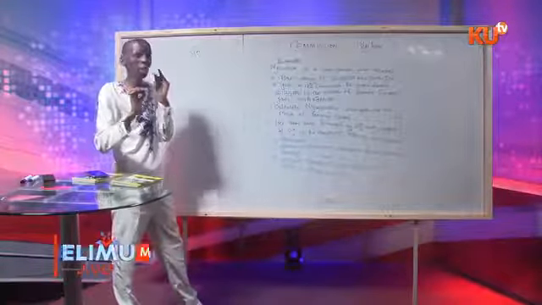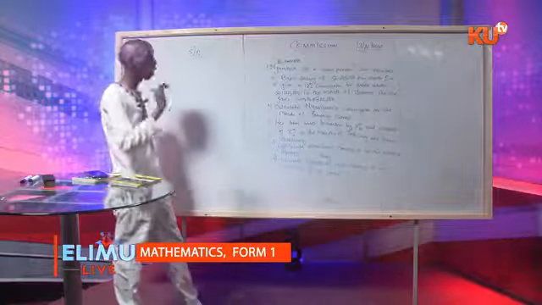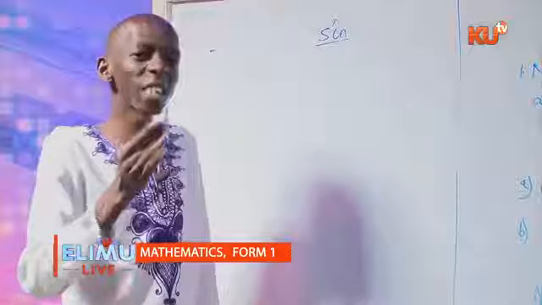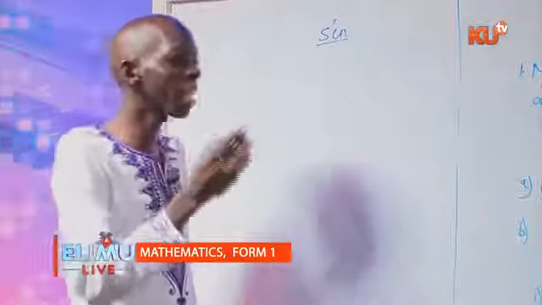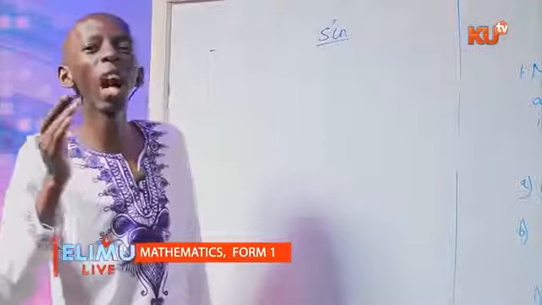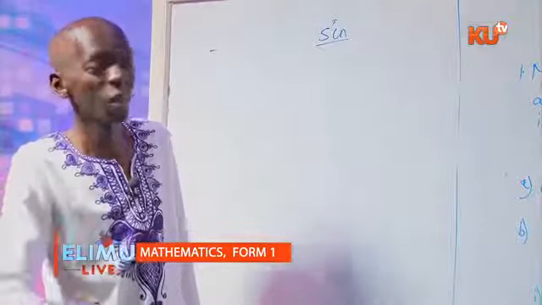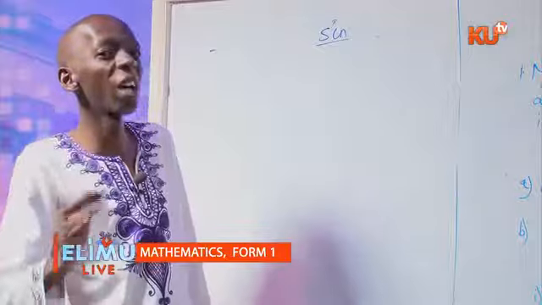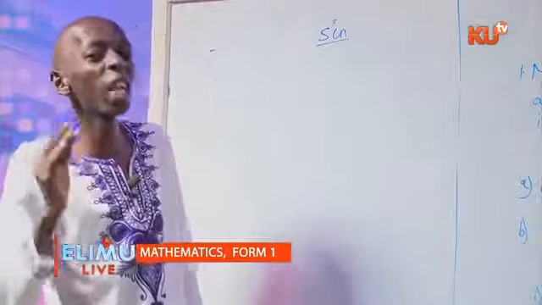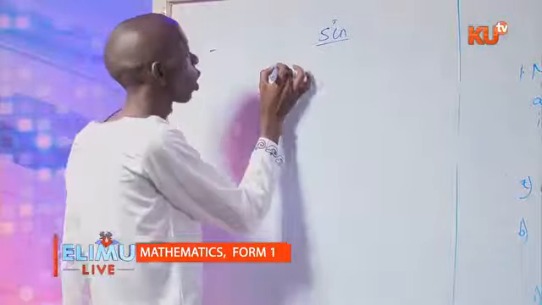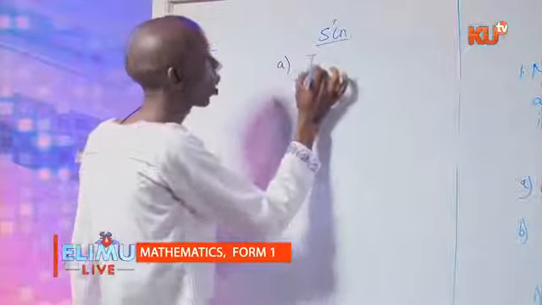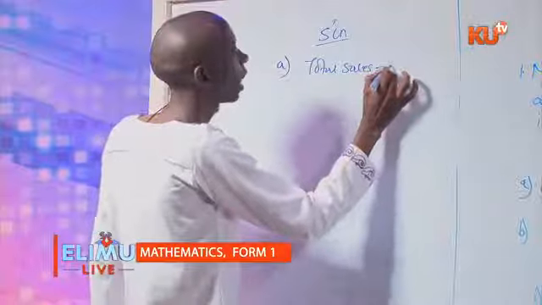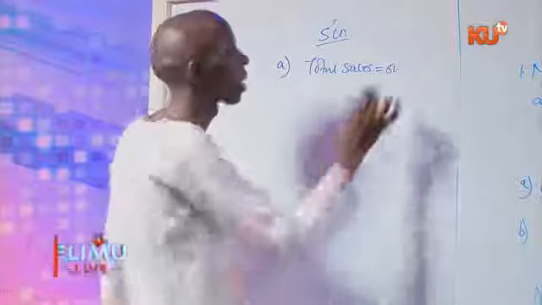Now, my dear student, note that she is given a 12% commission for sales above 120,000. So solution for part A, the total sales.